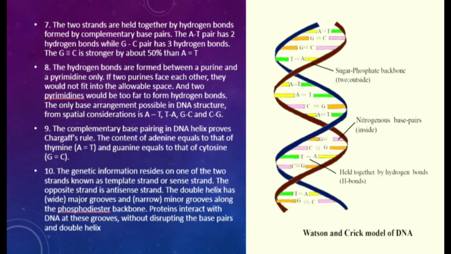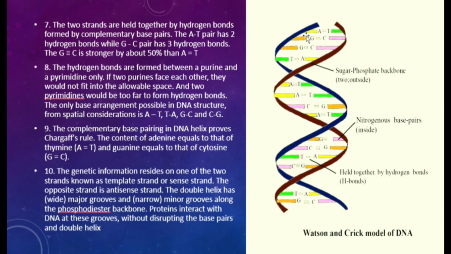The two strands are held together by hydrogen bonds formed by complementary base pairs. The AT pair has 2 hydrogen bonds while the GC pair has 3 hydrogen bonds. So we have adenine and thymine which are bound together by 2 hydrogen bonds, and the guanine and cytosine pair which is bound together by 3 hydrogen bonds.